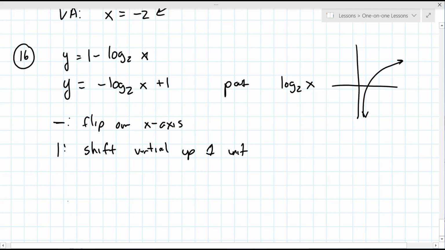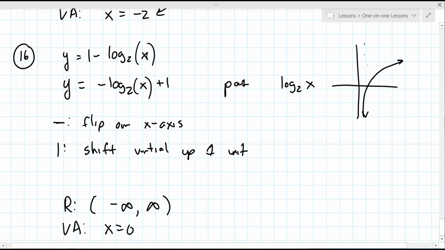So what is the range for these? All real numbers. The vertical asymptote is whatever makes the inside part equal to 0. So that's just x equals 0. This negative flips it, but it's not moving left or right.